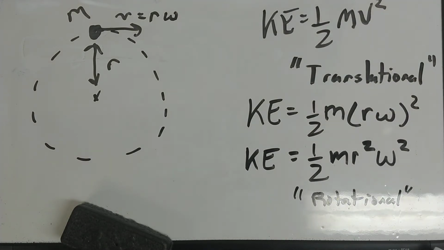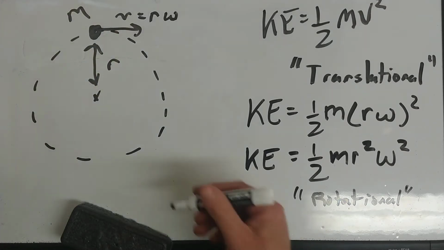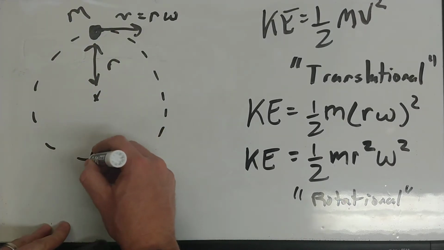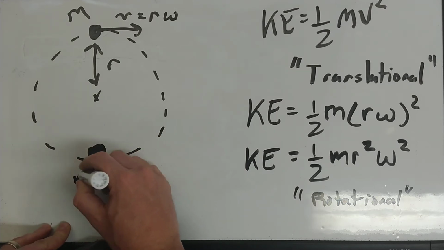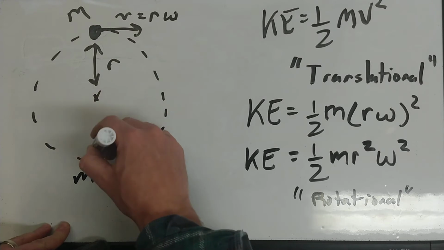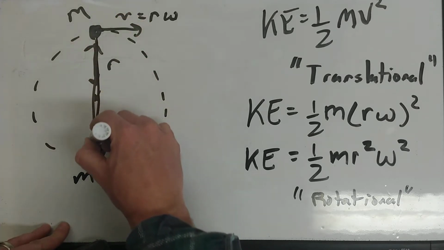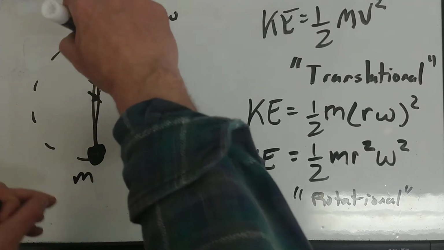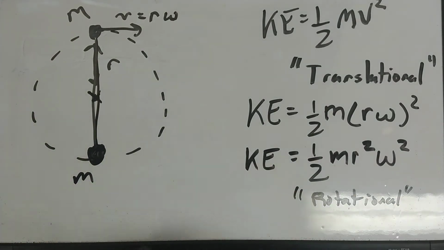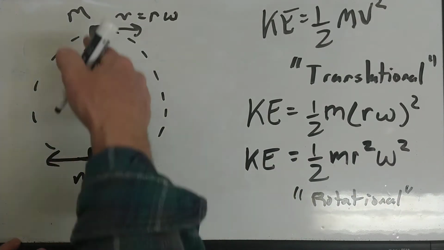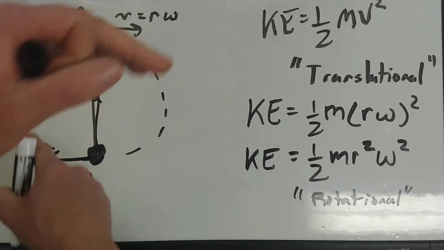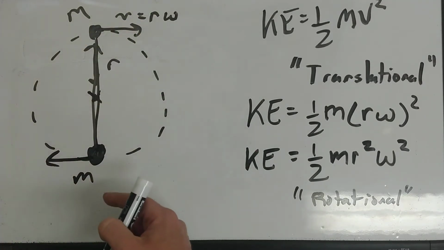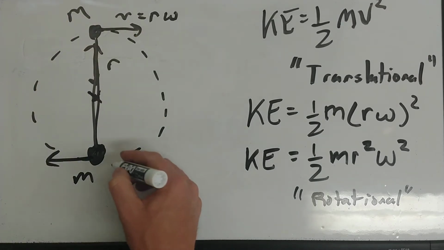Now, this is for a single point mass. Let's add another point mass to illustrate a point here. So let's say these are two masses, both of mass m, and they're connected by some sort of massless rod, and this whole system's rotating. It's like a baton twirling or something. The mass of the rod is negligible. Since they're rotating together, they absolutely must have the same omega.